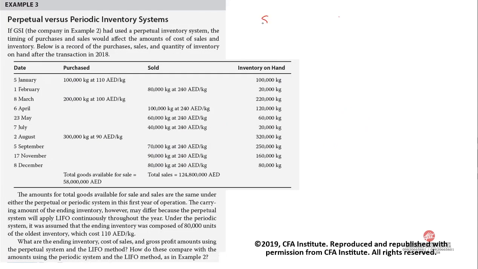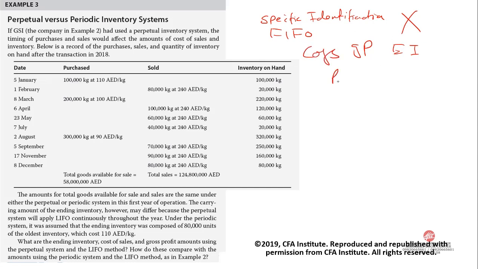First of all, we need to understand that specific identification and FIFO, first in, first out, do not change the gross profit, ending inventory, or cost of goods sold. Nothing will change if you go from perpetual to periodic or periodic to perpetual.